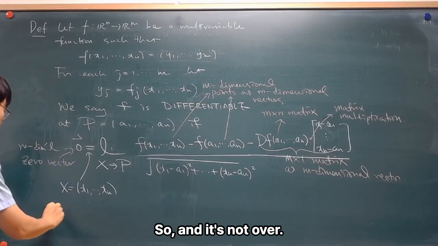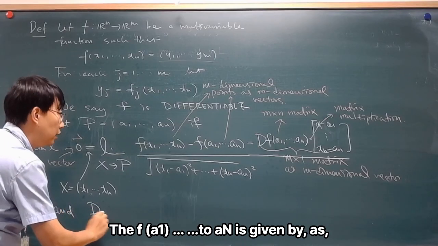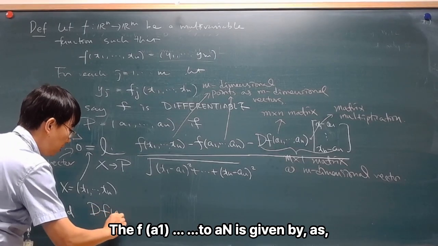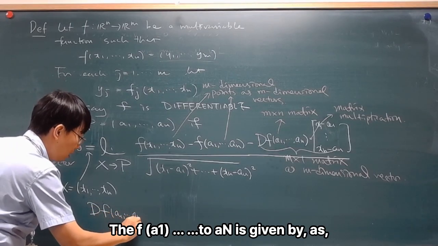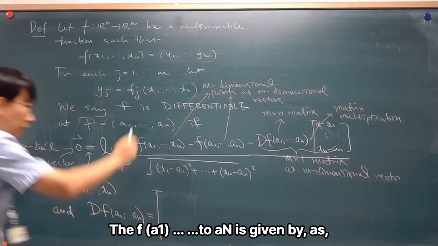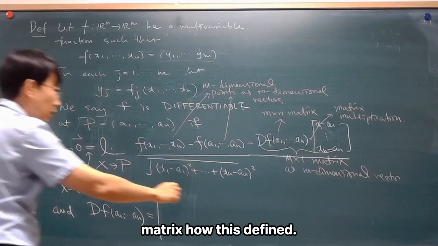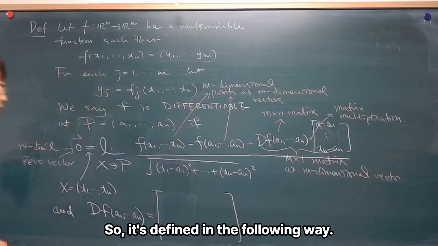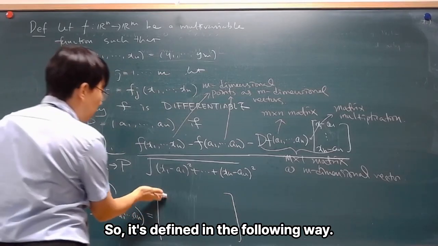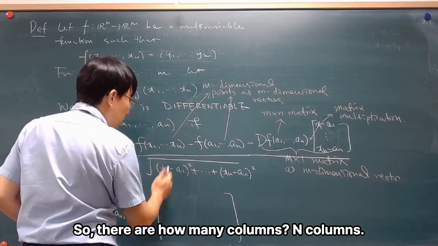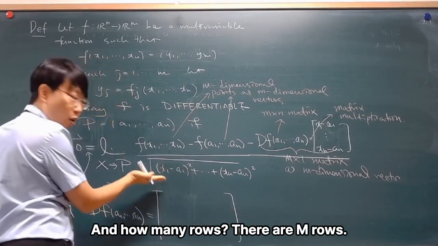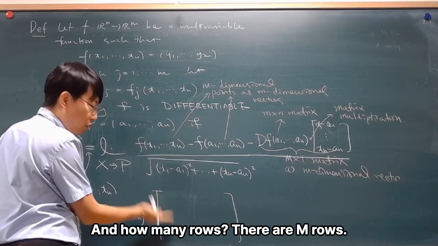And it's not over. The matrix of partial derivatives at a1 to an is, as I said, an m by n matrix. How is this defined? It's defined in the following way. How many columns are there? n columns. And how many rows? There are m rows.